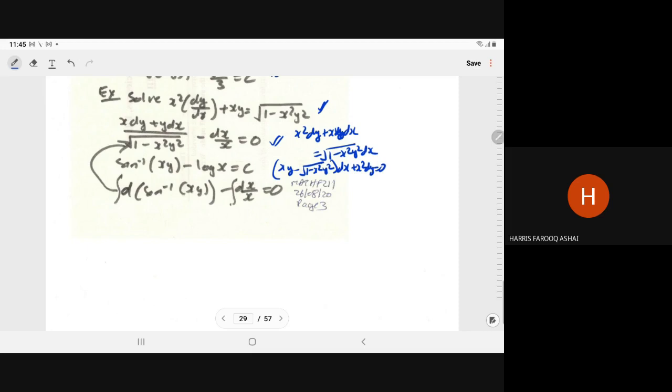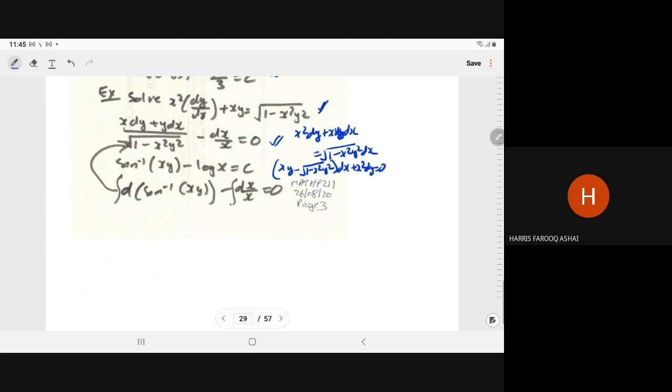We can write this as x dy plus y dx upon root of 1 minus x square y square minus dx upon x is equal to 0. So what is this?